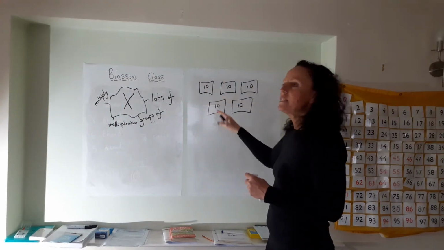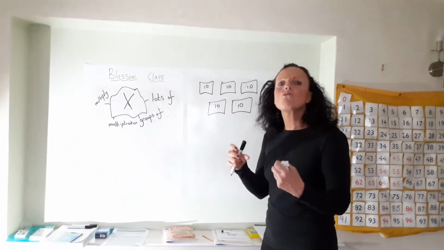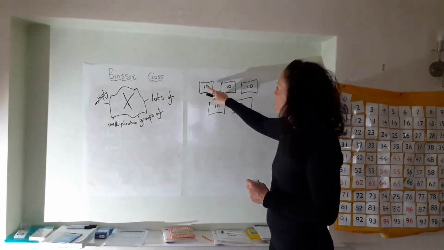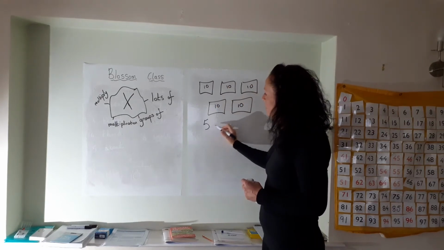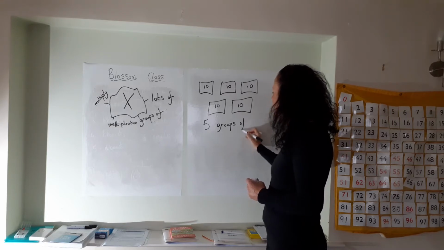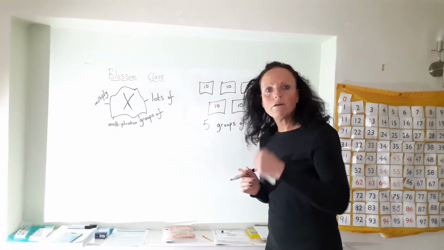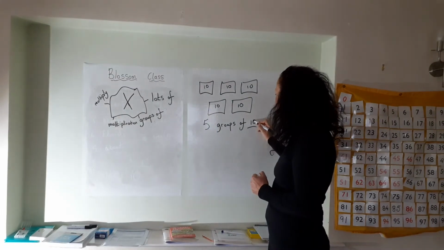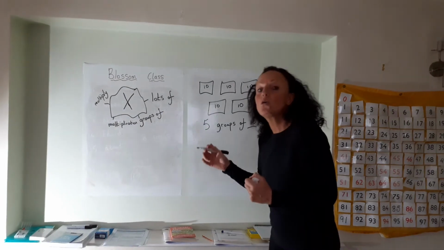So let's have a look at this. If we were to turn this into a multiplication sentence, we would think, how many groups have we got? We've got 1, 2, 3, 4, 5. We have got 5 groups of, how many is inside each group? Well done, Blossom, there is 10 in each group, okay. So then if we think, oh, how are we going to quickly solve that?